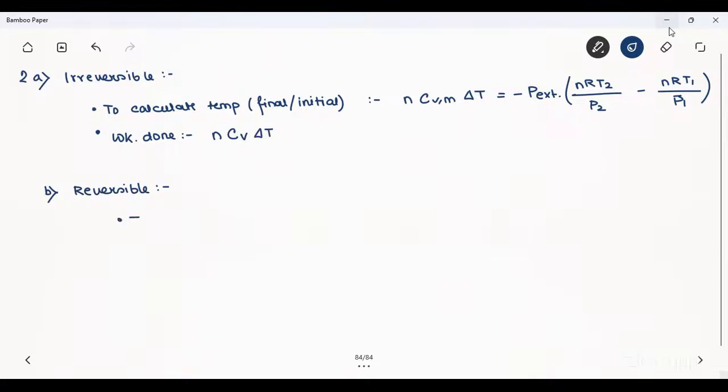To calculate temperature, maybe final, maybe initial, what you have to do? You have to use either of those three formulas.